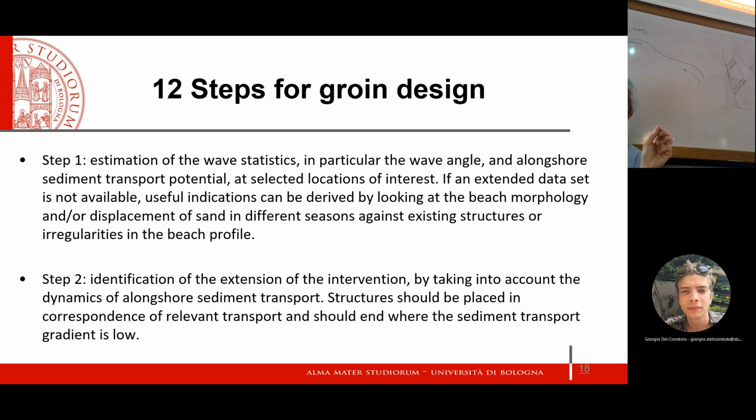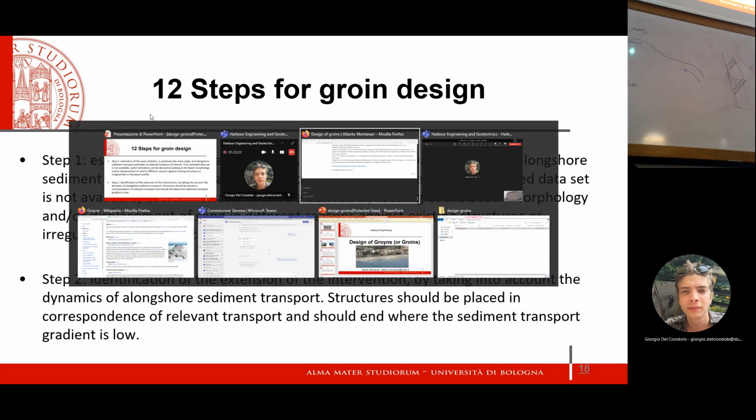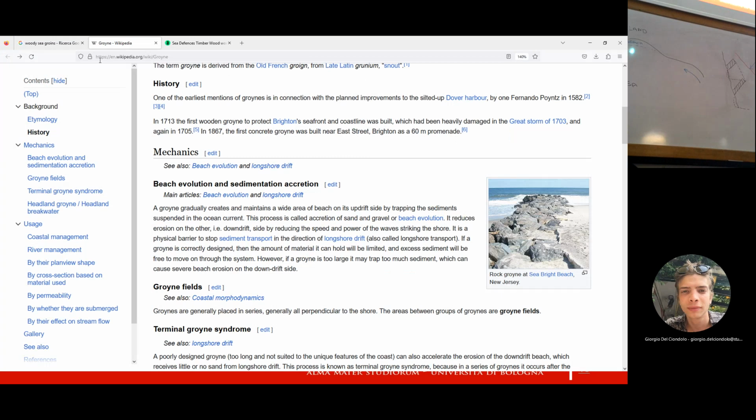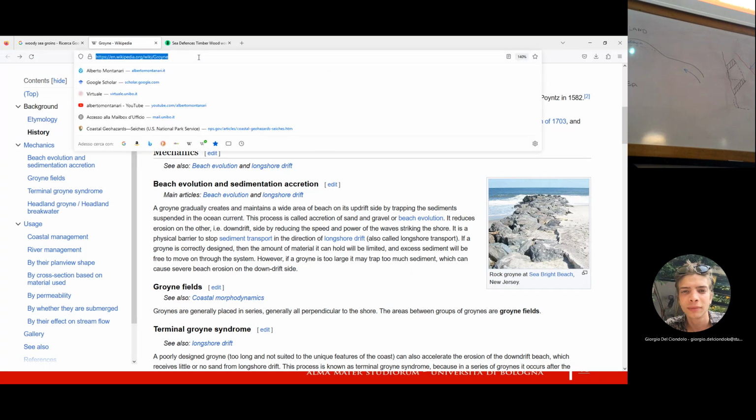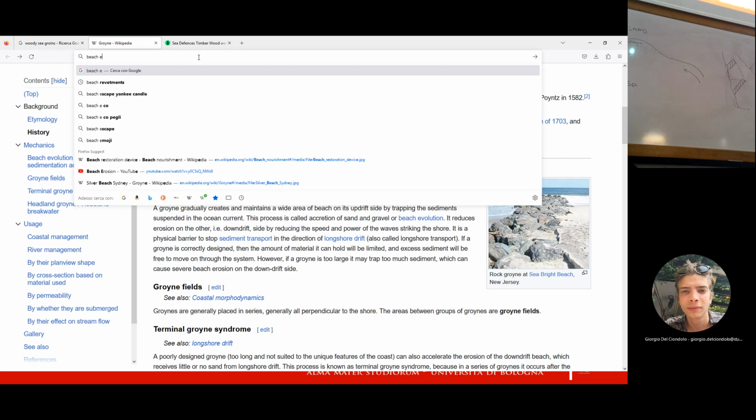In any case, what the literature suggests is to carefully assess with an expert eye the current shape of the beach. Like when I showed to you the figures of beach erosion, I think you should train your eye to recognize what kind of dynamics originated such erosion. Let's look at more figures with the hope that I can give you some examples. So let's look at beach erosion.